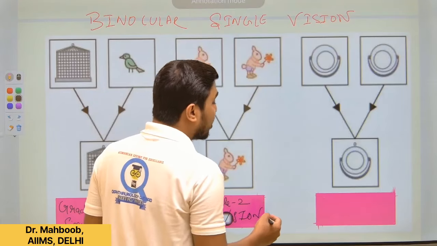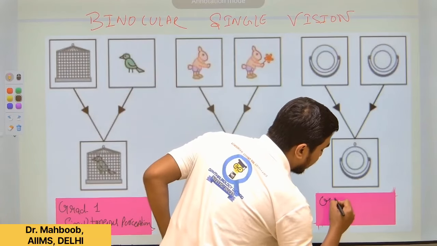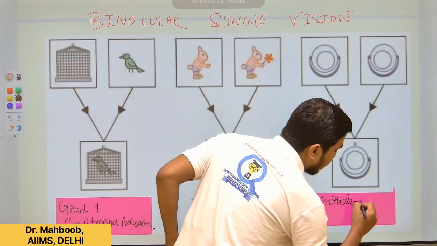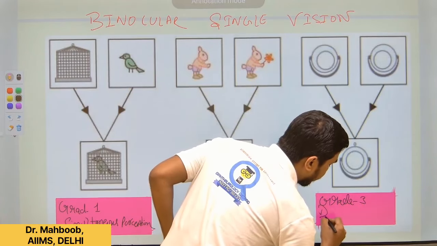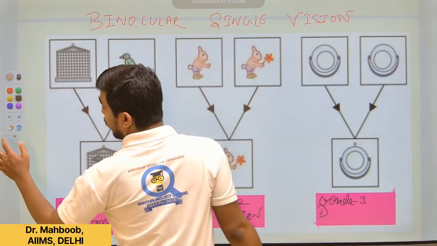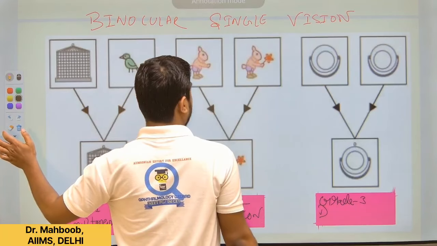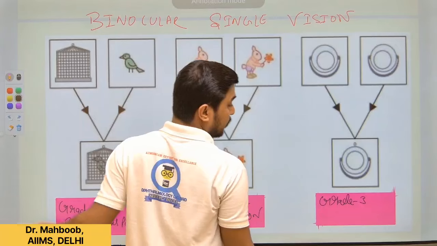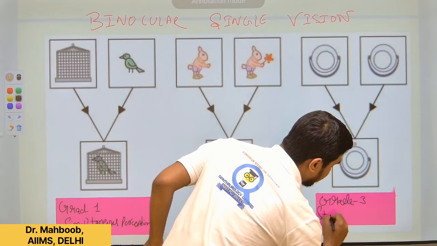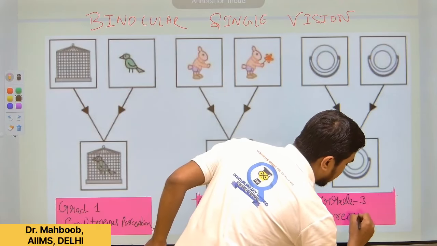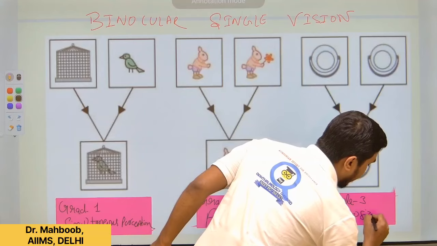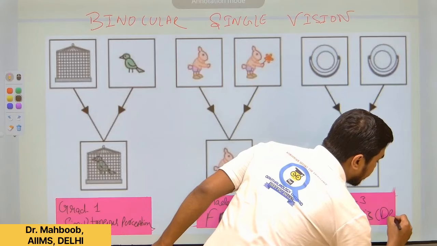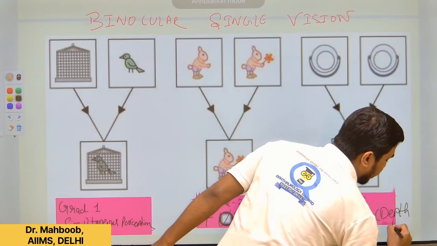That is grade 3, that is stereopsis. So stereopsis has depth perception.